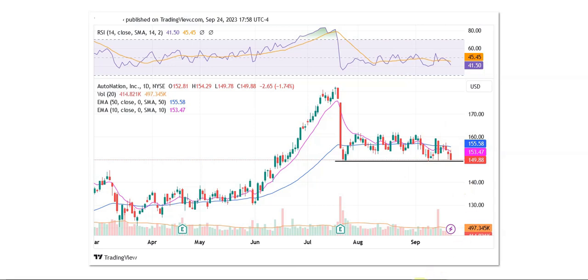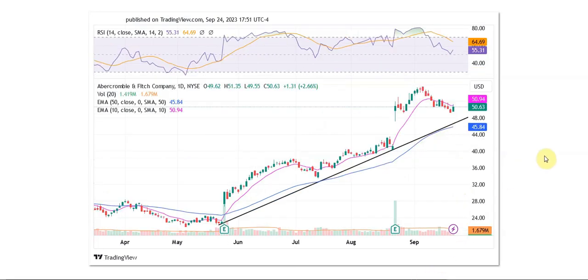AutoNation, AN. Next, Abercrombie & Fitch, ANF. This is one of the few half-decent looking charts that I found. I've got the trend line going up from the bottom way back in May. Touched it a couple of times. So we are still above that level, above the 50-day moving average, upward sloping, above the 50 on the RSI.